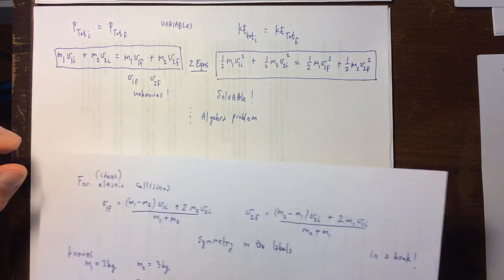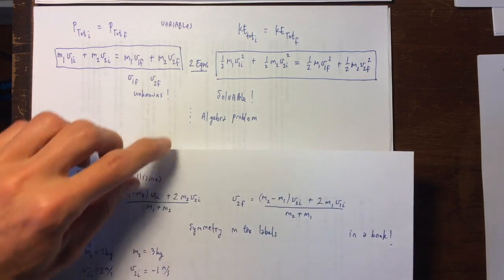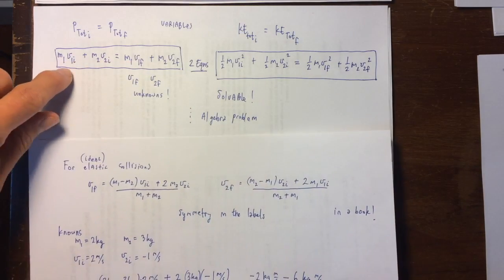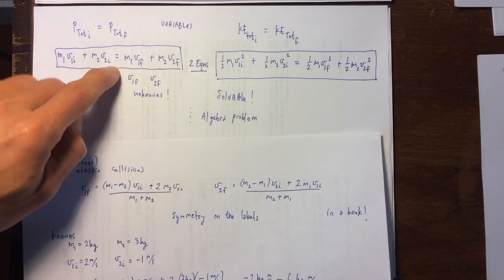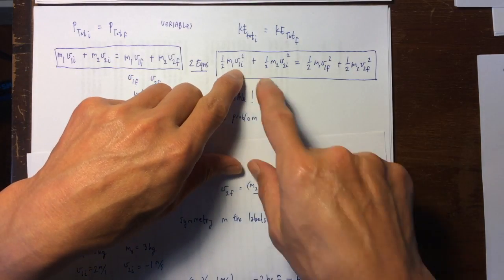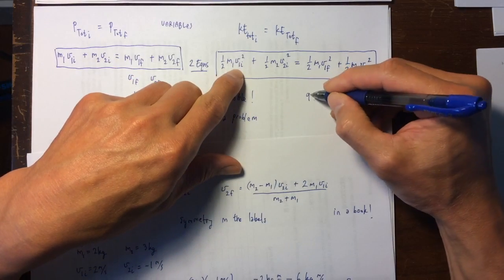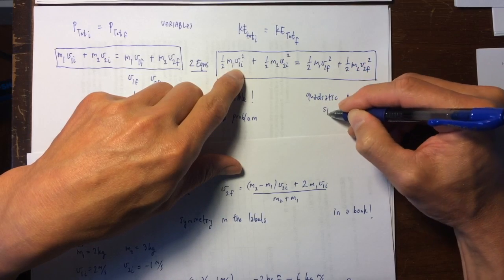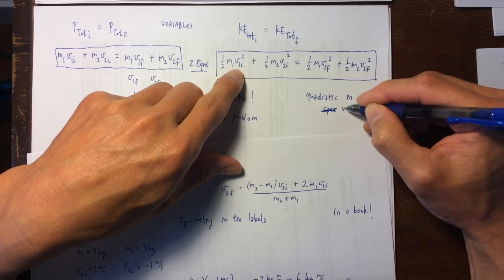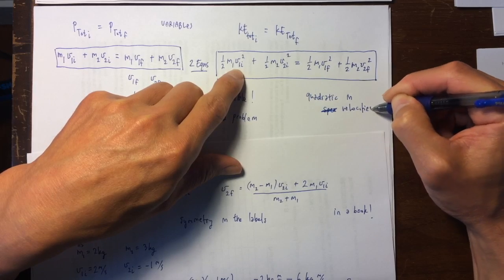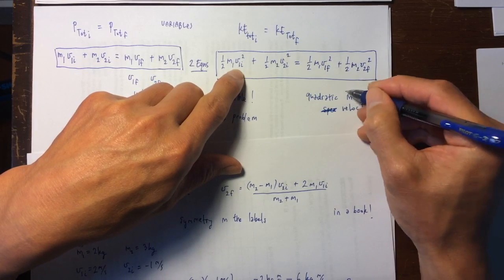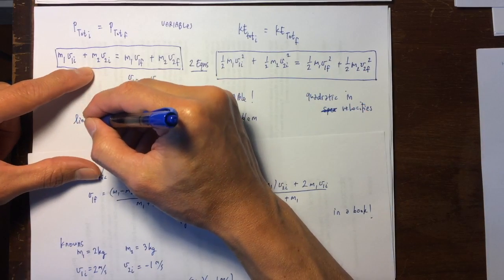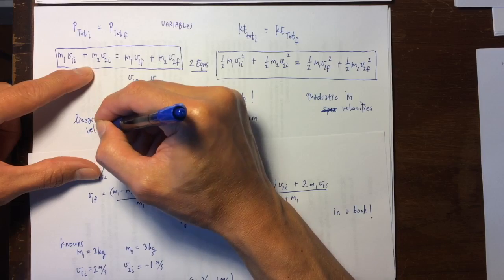Earlier, I alluded to an algebra problem that you could solve. It's basically that you have these two equations. One is quadratic in velocities, and the other is linear in velocities.